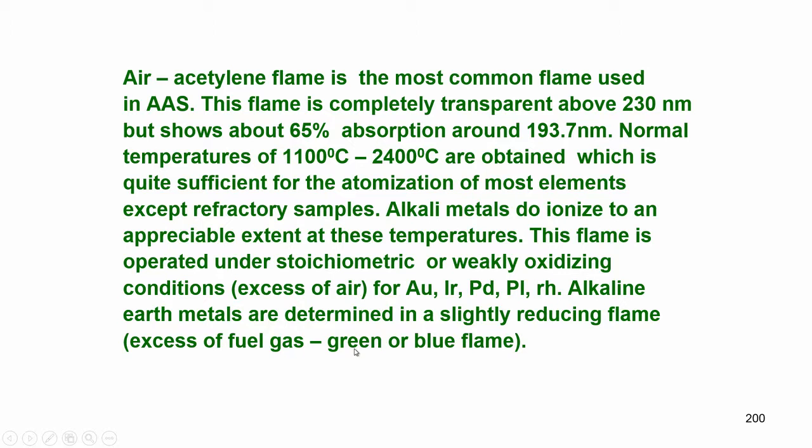Now, I had explained to you that air acetylene is one of the combinations, but I had also shown you that nitrous oxide and acetylene is another gas mixture, which will give you a temperature of about 3000 degrees Kelvin.